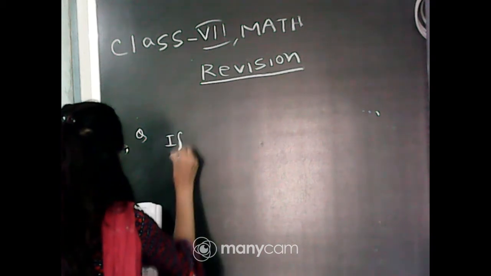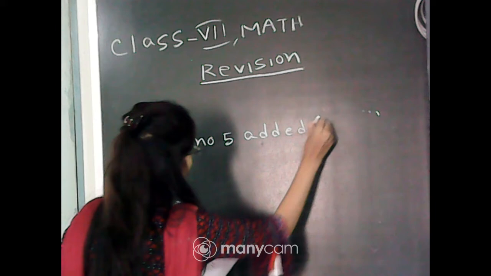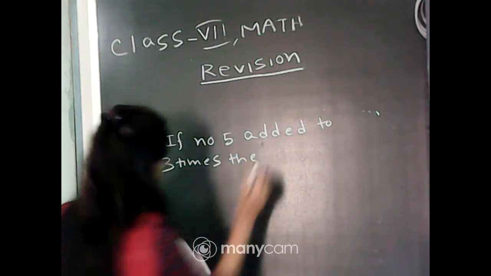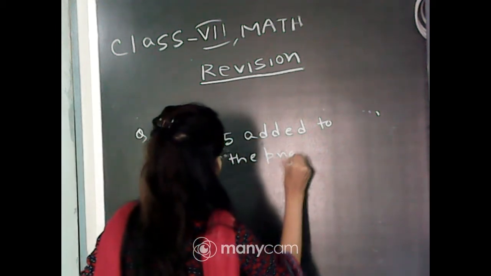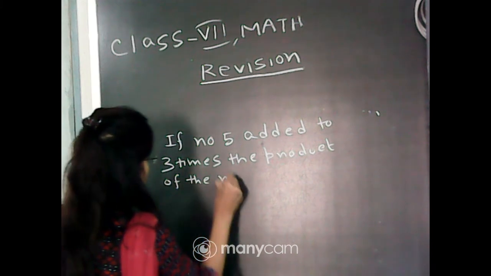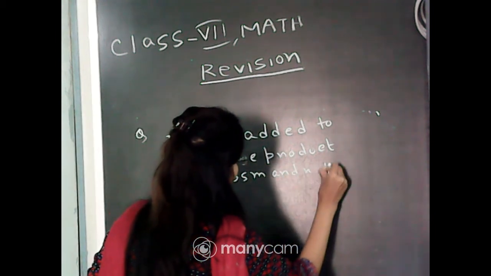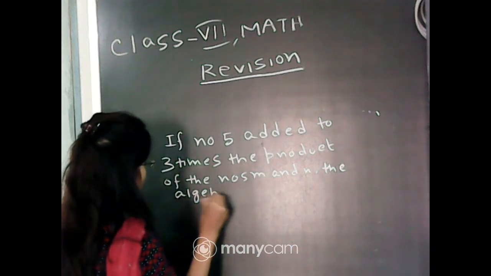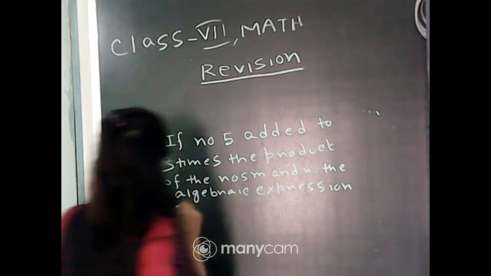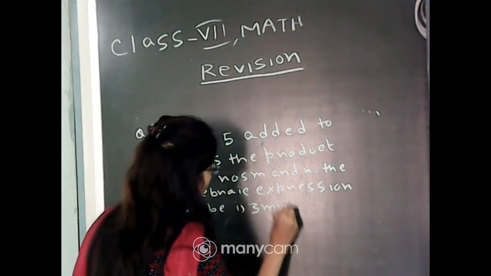Next question is, if number 5 is added to 3 times the product of the numbers m and n, the algebraic expression will be: first option is 3mn plus 5.